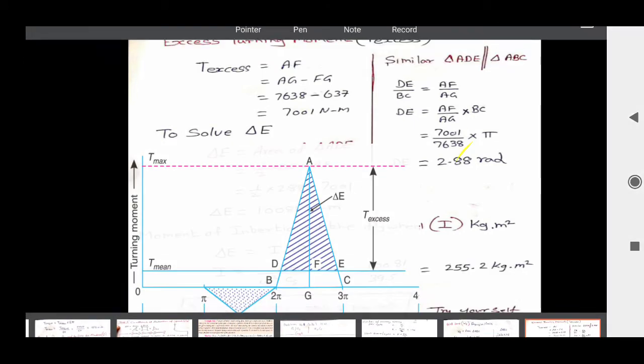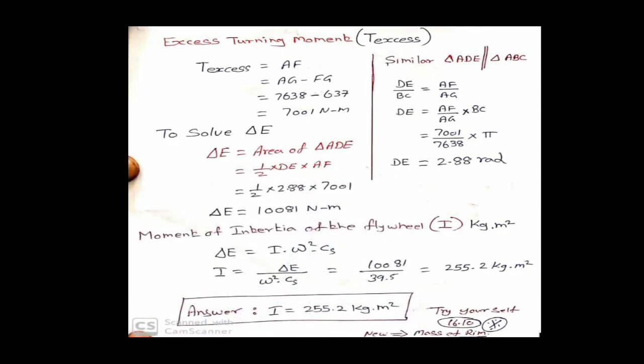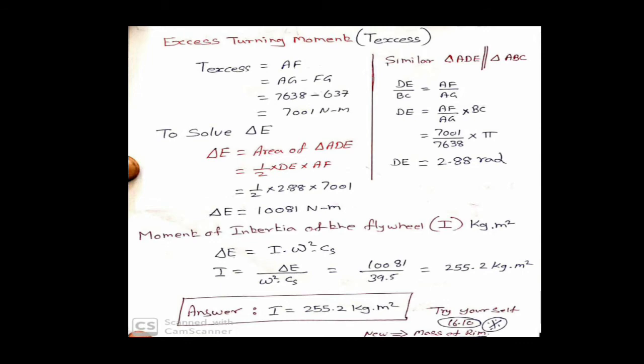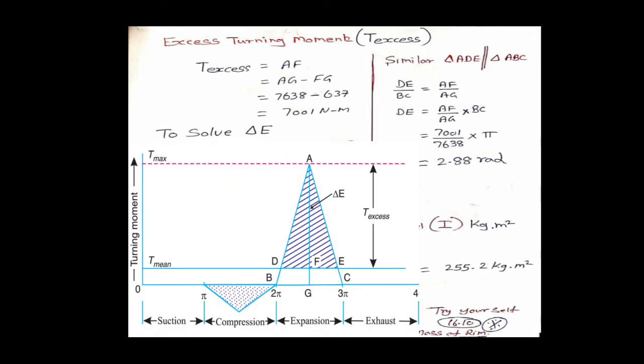We solve this with the help of the similar triangle method. DE by BC is equal to AF by AG. Just go through the graph and the geometry data. Where is AF by AG?